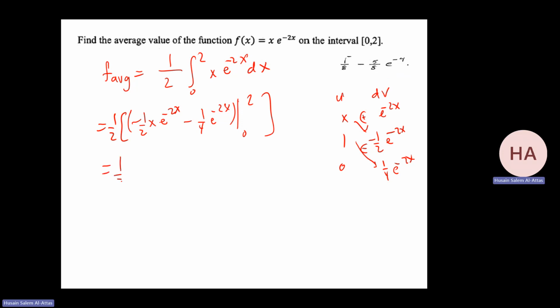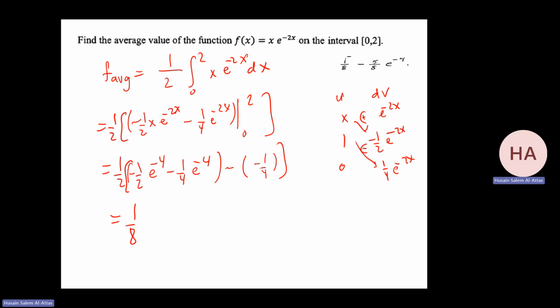That gives me half of what? Minus half is minus 4, minus 1 over 4 is minus 4. Plus or minus e to the power 0, this is gone, 0, minus 1 over 4. That gives me 1 over 8.